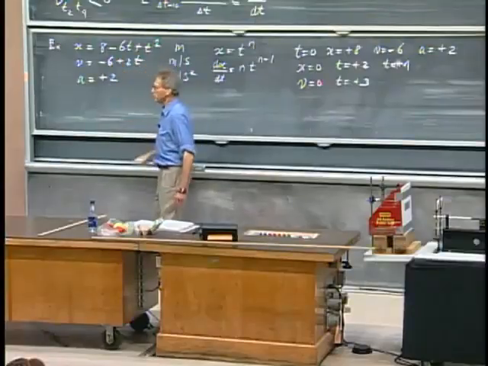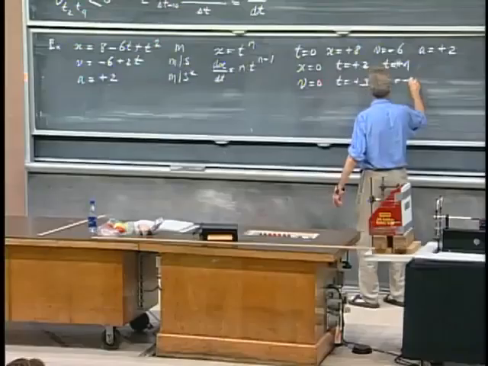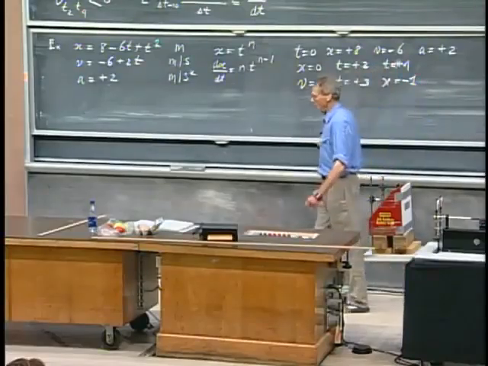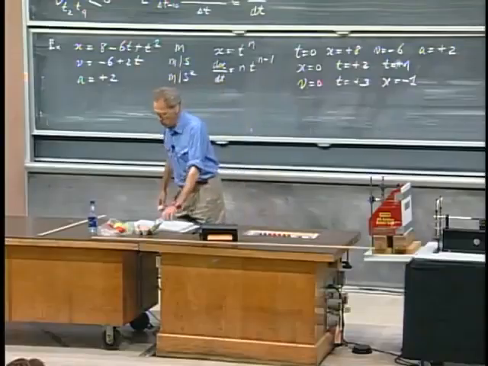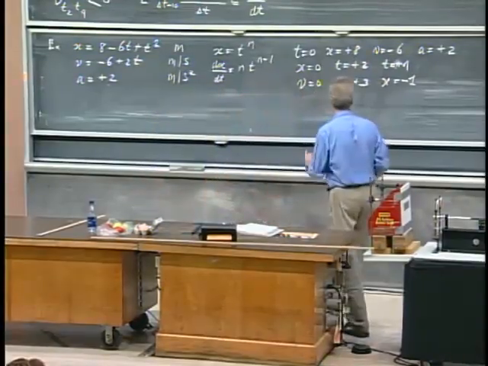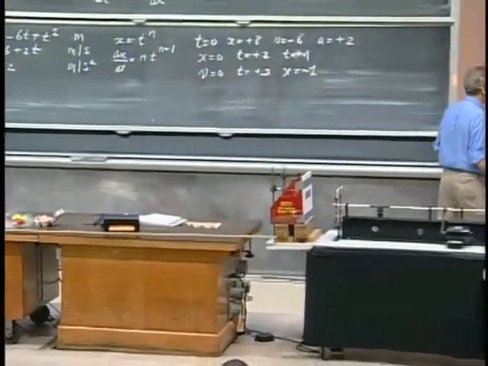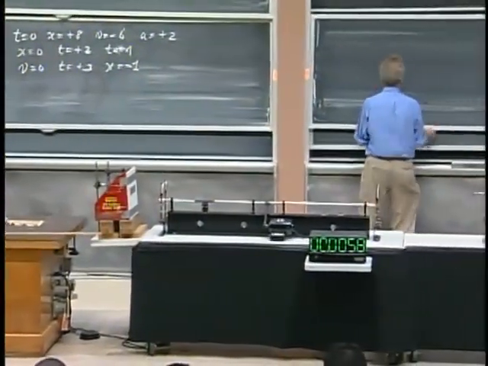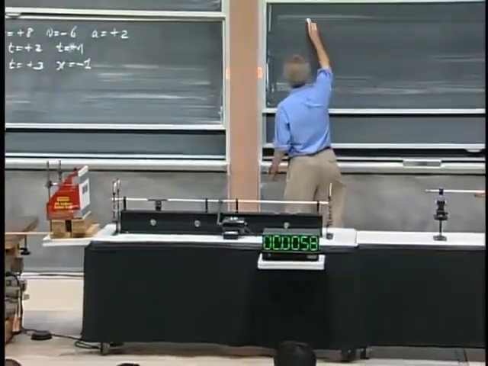What is at that moment the position? Oh, I substitute t equals 3 in here, and that gives me -1. x equals -1. So now I'm ready to plot x as a function of t. It's of course a parabola, and I use this information that we have just derived. So here comes my plot.